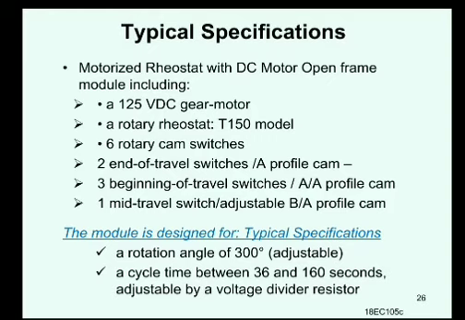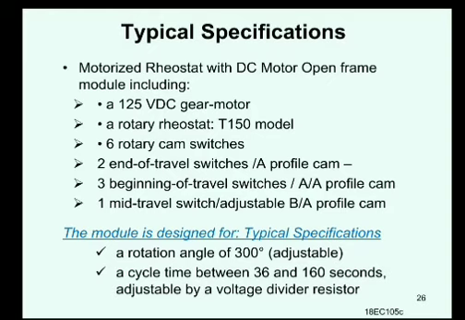Then you have 6 rotary cam switches, then 2 end of travel switches, A profile cams. Then we have 3 beginning of travel switches, A profile cams. Then 1 mid travel switch adjustable, B and A profile cam.